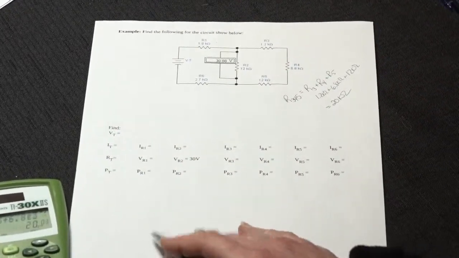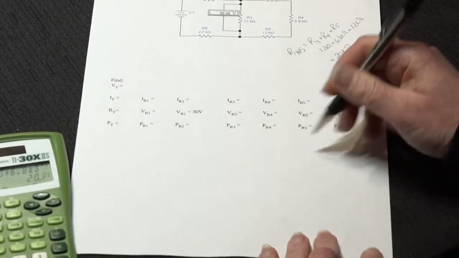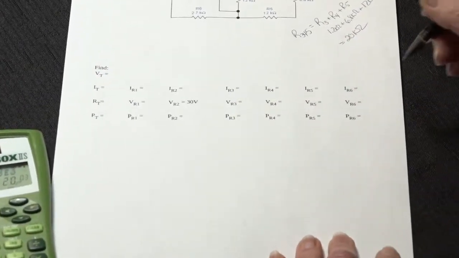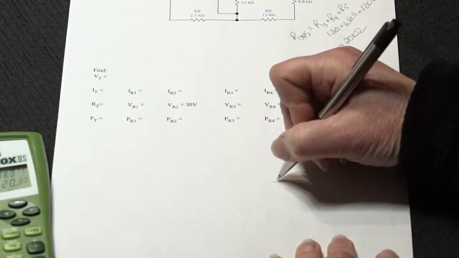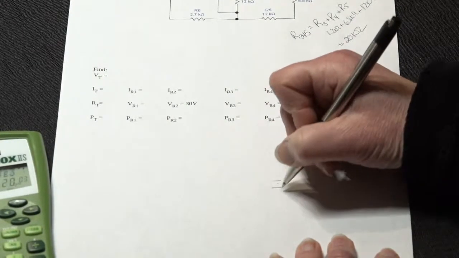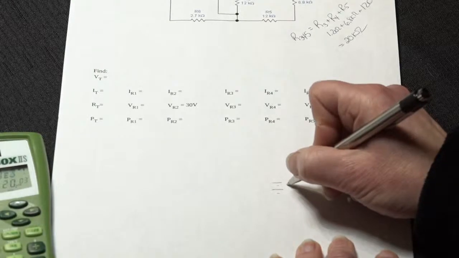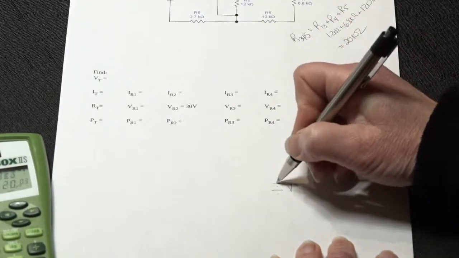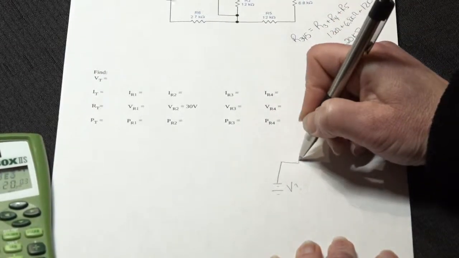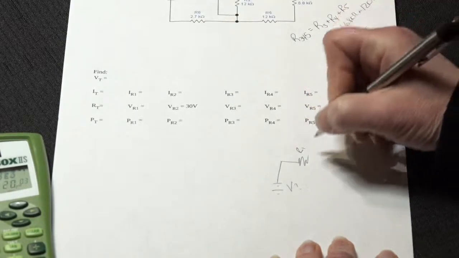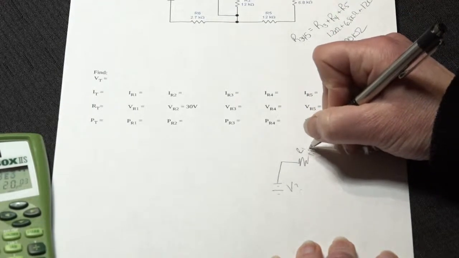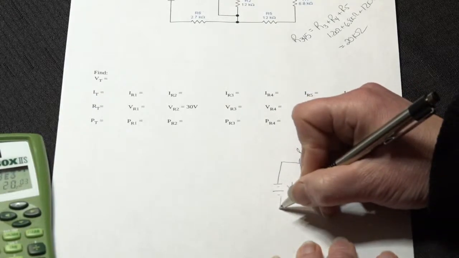And I'm going to draw it down here so we have a little more space. So we have our voltage that we don't necessarily know what it is yet. We still have R1, which is a 1.8K ohm resistor.